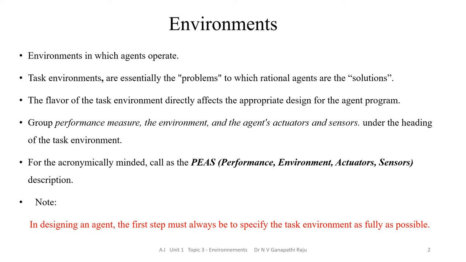They can be acronymed as PEAS. That means P stands for performance, E stands for environment, A stands for actuators and S stands for sensors. In designing an agent, the first step must always be to specify the task environment as fully as possible.